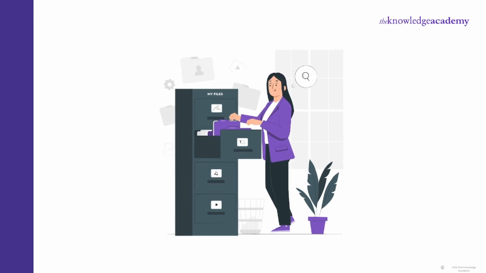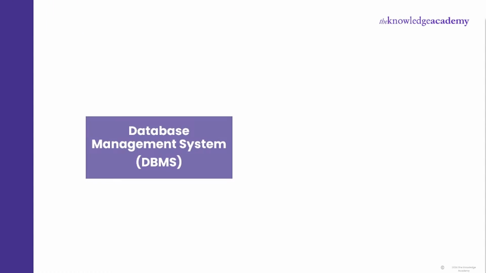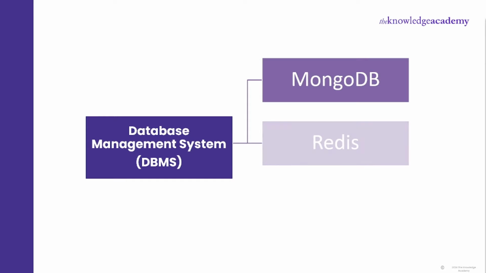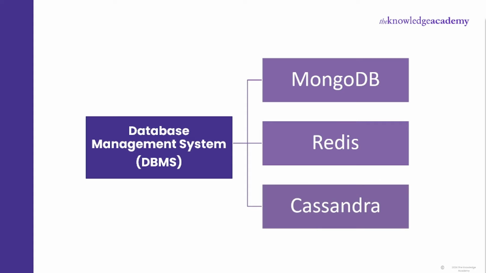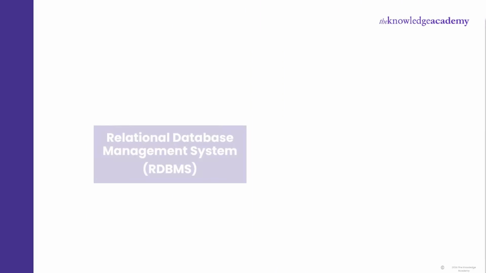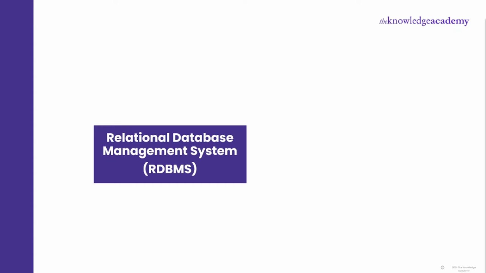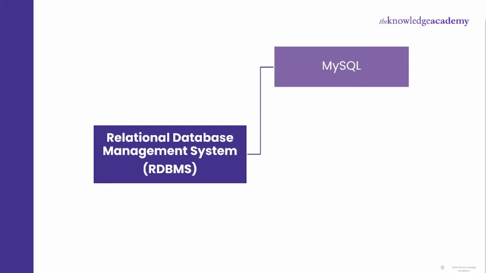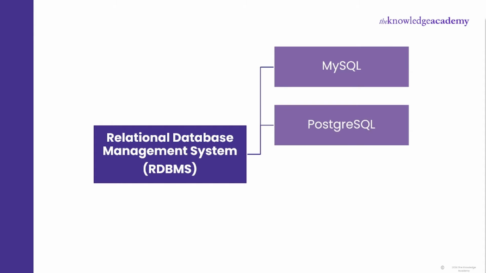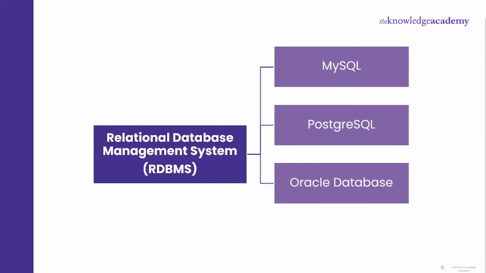Now let's look at some of the examples of both DBMS and RDBMS. Database Management System, or DBMS, has its stars like MongoDB, Redis, and Cassandra. Each has its strengths, catering to different data needs. It's like a diverse ensemble cast in the world of databases. On the other hand, Relational Database Management System, or RDBMS, boasts heavy hitters like MySQL, PostgreSQL, Oracle Database, and Microsoft SQL Server.